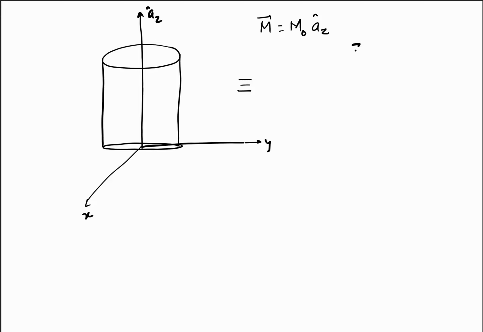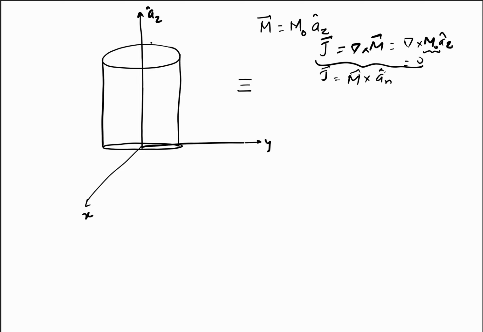So the volume current density will be del cross M, which is del cross M naught az. Now since this is a constant, it is not varying with the space coordinate, so it is equal to 0. So the volume current density is equal to 0. Only the surface current density will be there, and it will be M cross an.